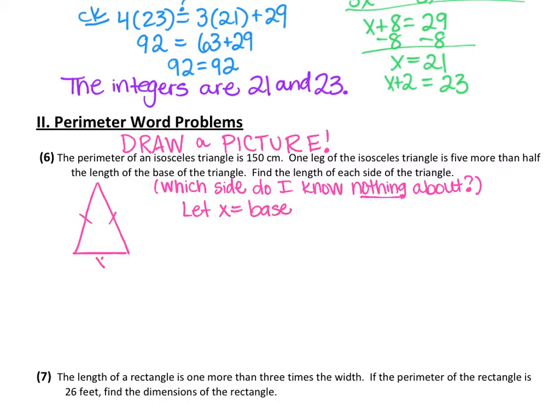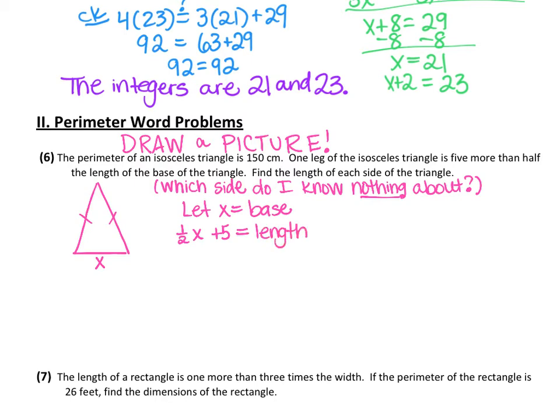So I'm going to label that base with an X. Now we can use that to figure out how to define our leg. So one leg is 5 more than half the length of the base. So 5 more is plus 5, and half the length of the base, we know the base now we're defining as X.